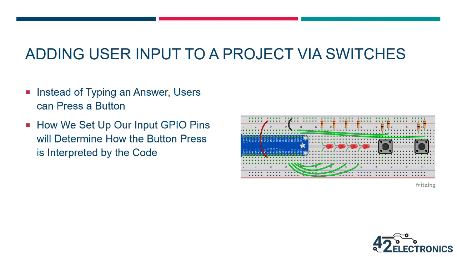And instead of asking questions and having users input their answers by typing them into the program, the users of the game will press switches, and we will need to have our GPIO inputs and our program set up to interpret the input we receive from the switches being pressed. To interpret the information correctly, we'll need to assign the input pins we are using to be in the correct default state.